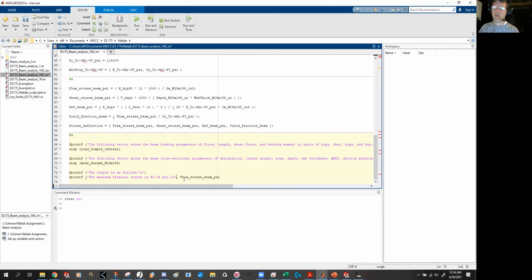But which one is it? Okay, I'm sorry, I should not be doing that flex stress beam PSI. I want you to use that vector. So we're going to use stress deflection. So make sure you use this. Okay, stress deflection, but which one? We're going to use the first one. 1, 1.